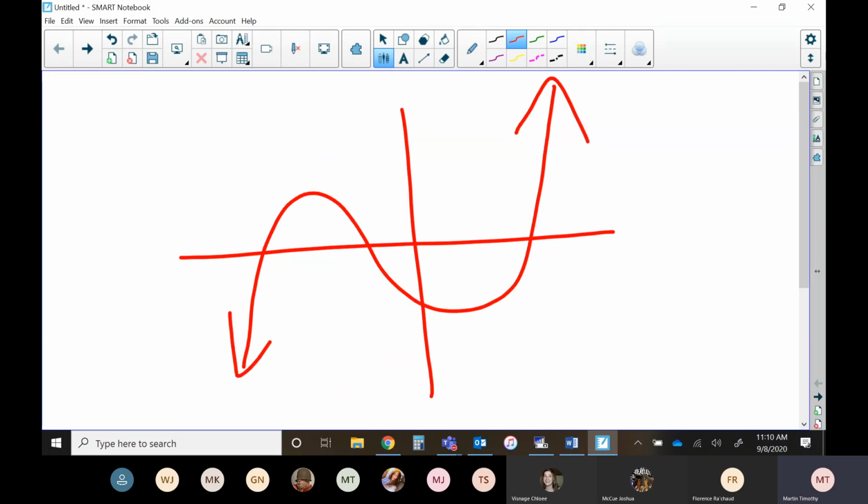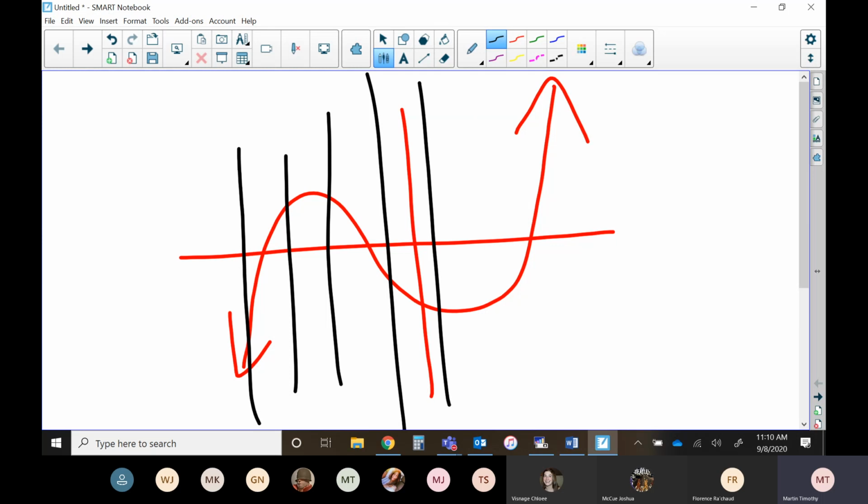Is this a function? What do you do to tell whether it's a function or not? Does this line only hit it one time? Yes. Is there any spot that I could draw where a vertical line would hit that graph twice? No. So guess what? It's a function.